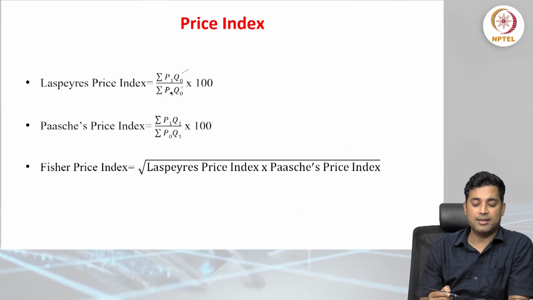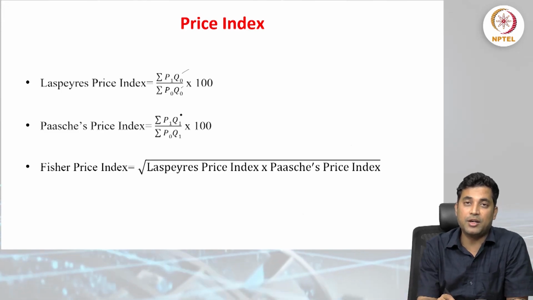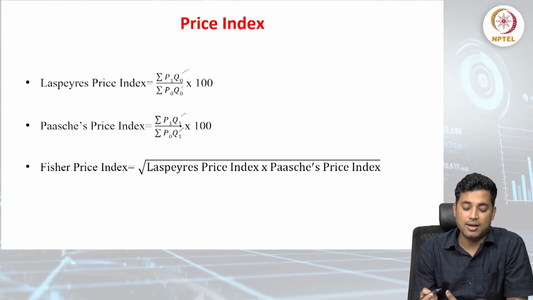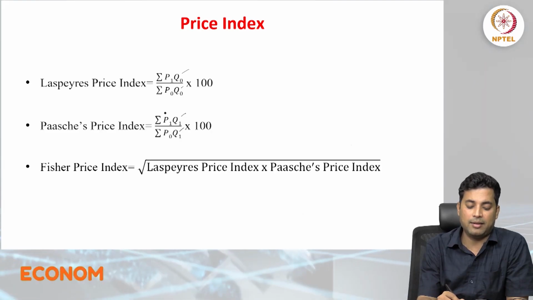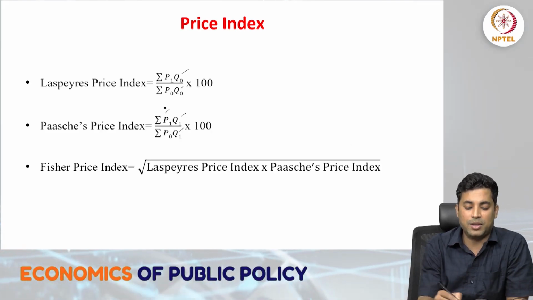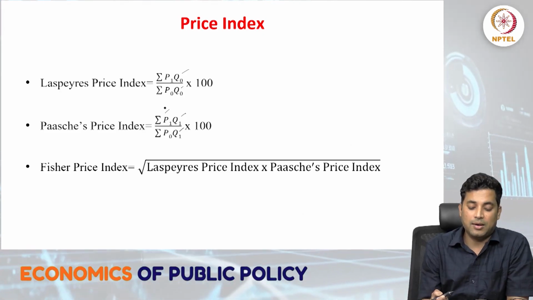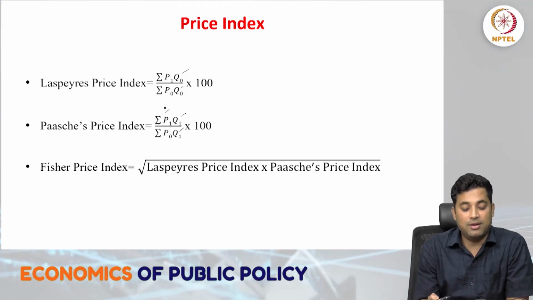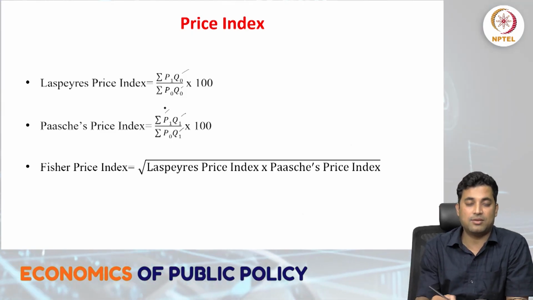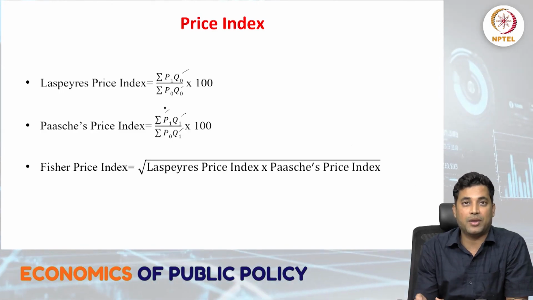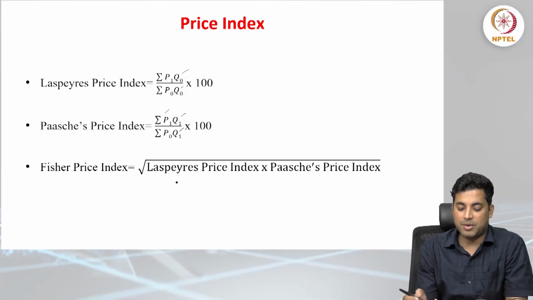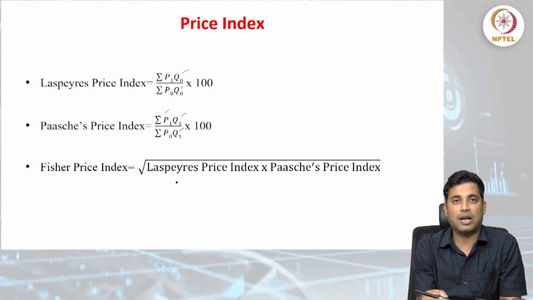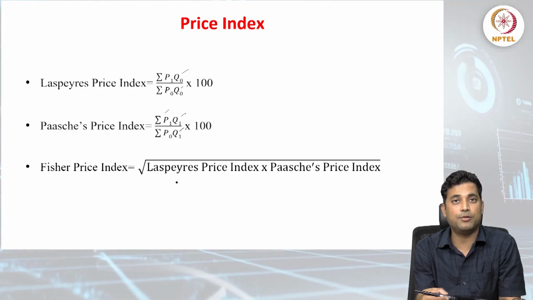On the other hand, in the Paasche index, the quantity of the current period for any particular good, whether wheat or rice, is fixed, and it is calculated by multiplying by the price ratio, P1 by P naught. And the Fisher price index is another, which takes the square root of the Laspeyres price index and the Paasche price index. So this is how we calculate these price indices, and they are helpful for calculation.